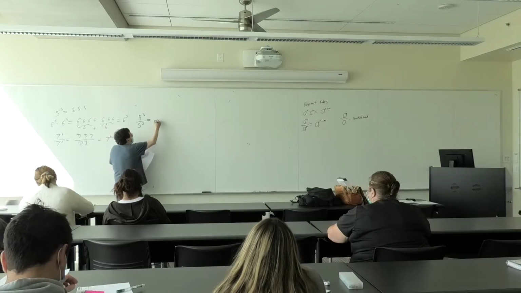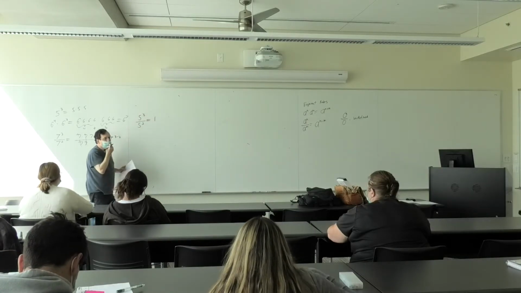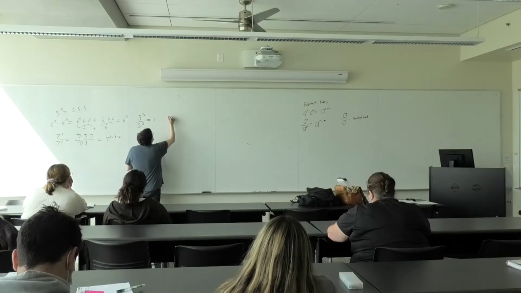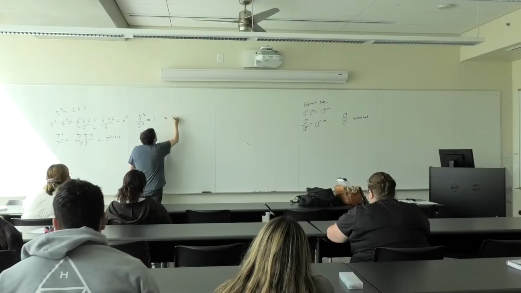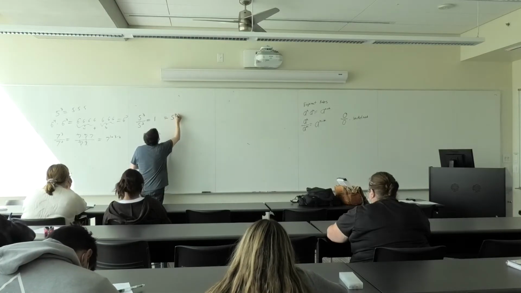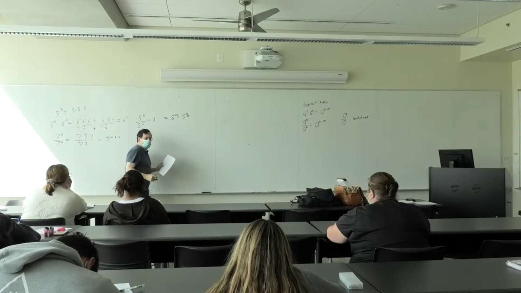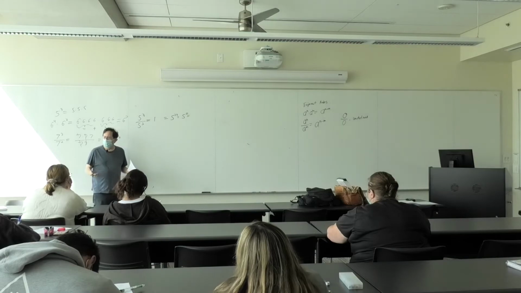It's just 1. Whenever you divide something by itself, you get 1. But using our rule, it's 5 to the 3 minus 3, which is 5 to the 0. So 5 to the 0 is 1, right?